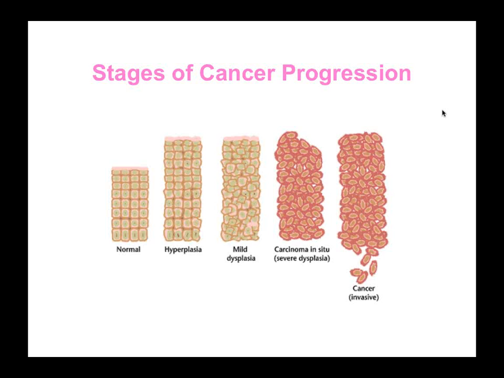But then with time you can develop an invasive cancer, and the cells start to lose their cohesiveness and gain the ability to separate from the rest of the tissue. They can become invasive and spread within the organ where the tumor started, but then also gain access to the bloodstream and to lymph channels and potentially spread within the body.